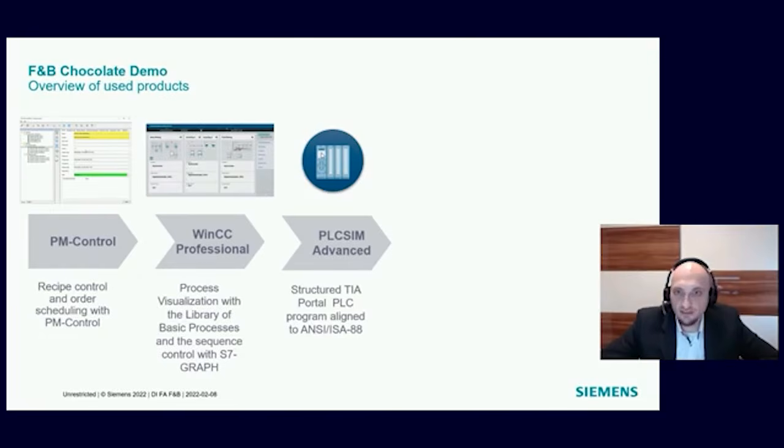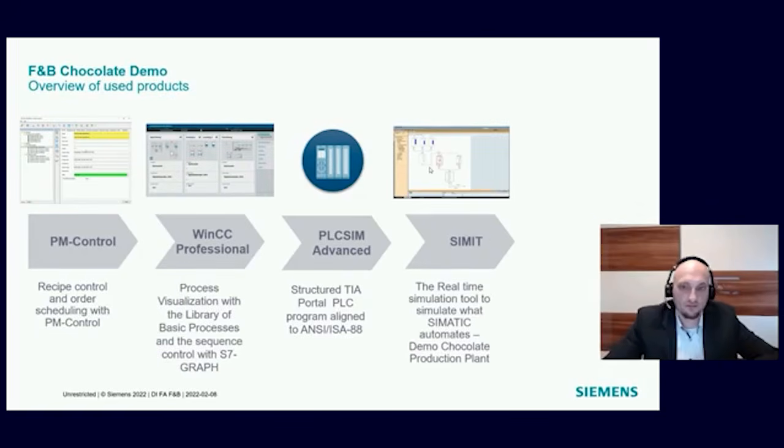In our case, we even use a virtual PLC. So for testing and simulation, we use PLCSIM Advanced for the PLC. And the second simulation component we are using is SIMIT. In this scenario, we use SIMIT for two purposes. One purpose is the simulation of the material flow.